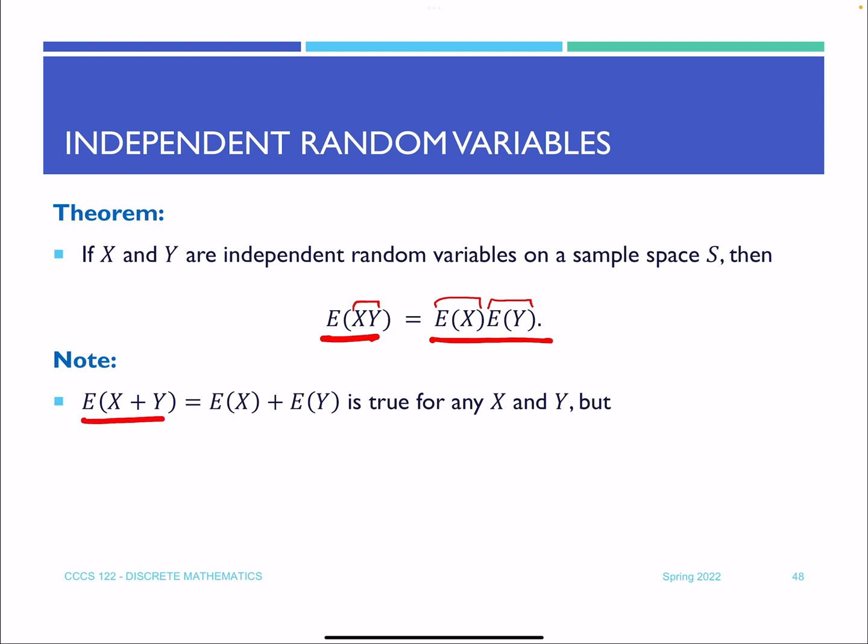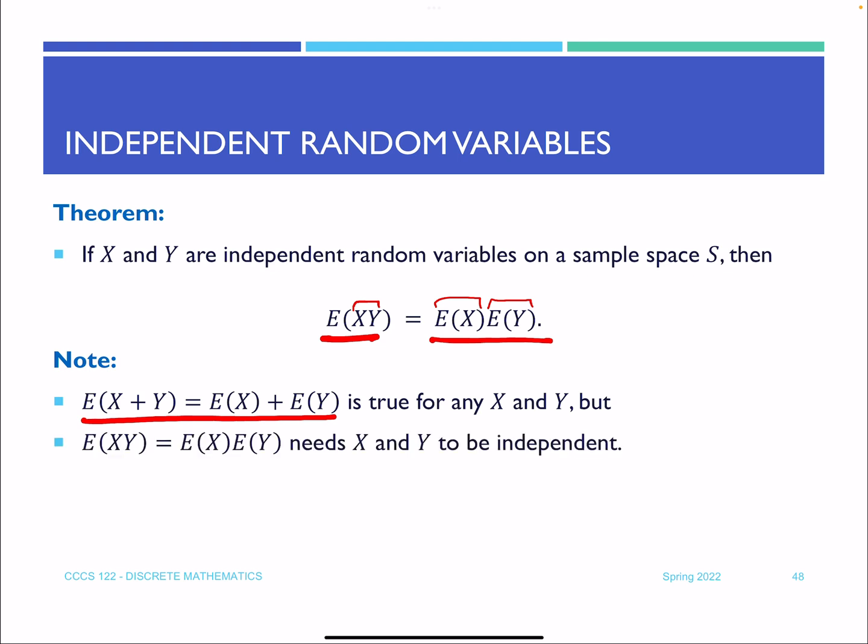Note that this is true for any x and y, whether they're independent or not. What we just saw, expected value of xy being equal to the product of the expected value of x and the expected value of y, for that, x and y need to be independent. So, always, sometimes.